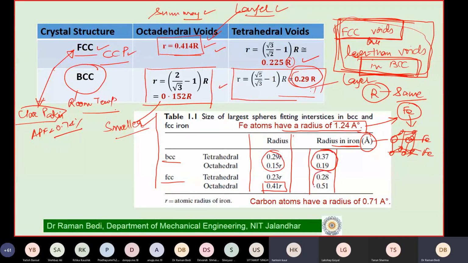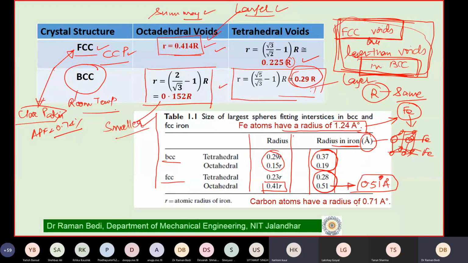This is the size of atoms, and this is the size of the largest radius which can be accommodated. What is the largest size? Yes, 0.51 angstrom. So the largest sphere which can fit into the octahedral cavity of iron in FCC crystal structure is 0.51 angstroms.